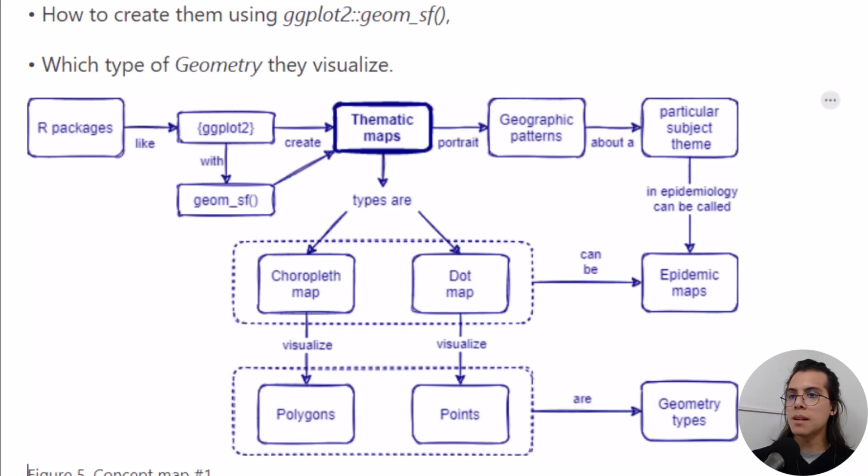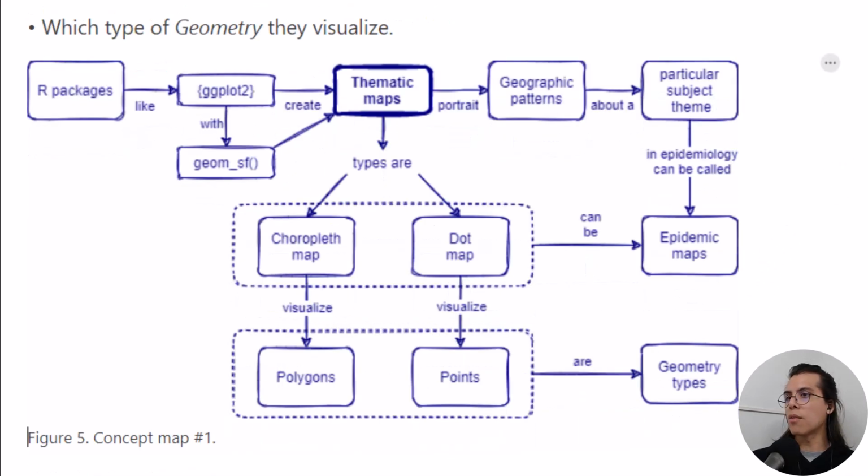As a summary diagram of our lesson today, we learned that thematic maps are of two types, choropleth maps and dot maps. Choropleth maps allow us to visualize polygons, while dot maps visualize points. And these names belong to geometry types. And we can use R packages like ggplot2 using the geom_sf functions to create them.